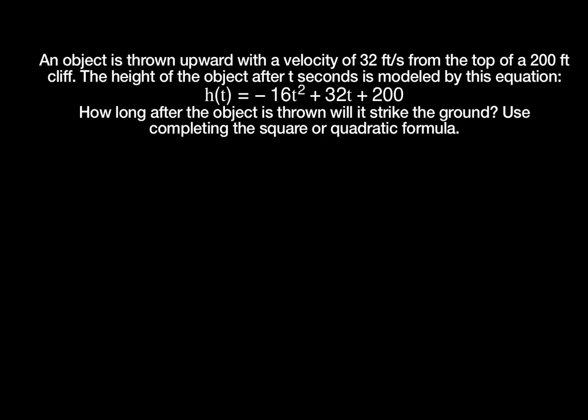Another type of problem that we might see: an object thrown upward with a velocity of 32 feet per second, which is this positive 32t. Again, I'll give you this information and how it translates into an equation. From the top of a 200-foot cliff, the height of the object after t seconds is modeled by this equation. How long after the object is thrown will it strike the ground?